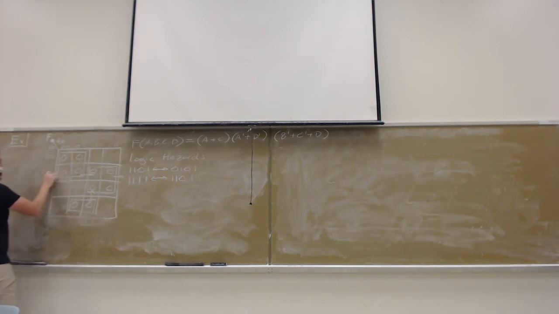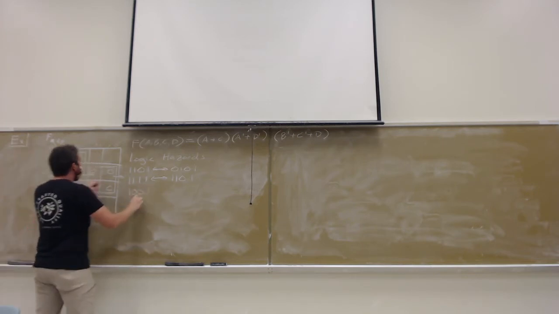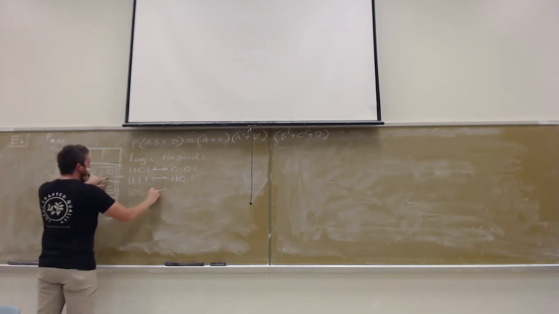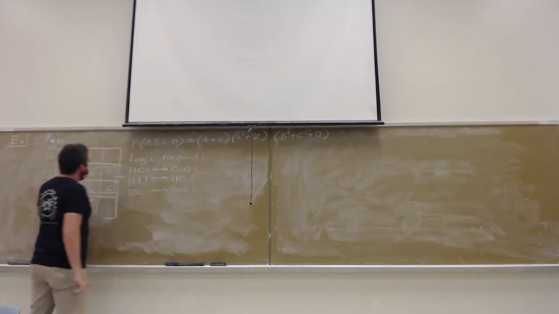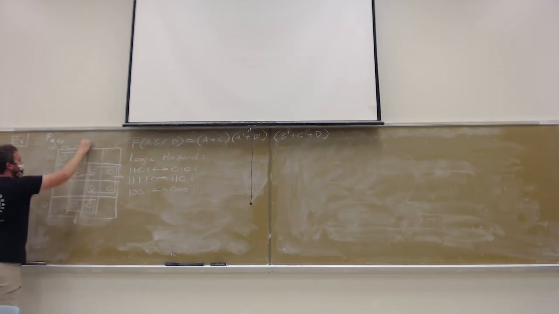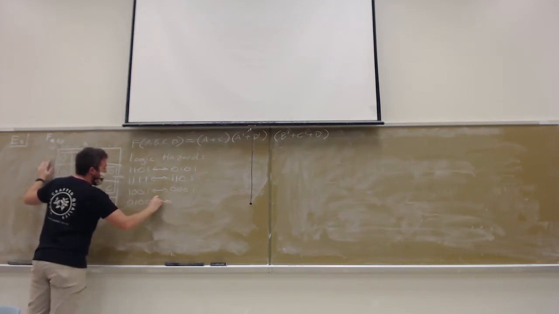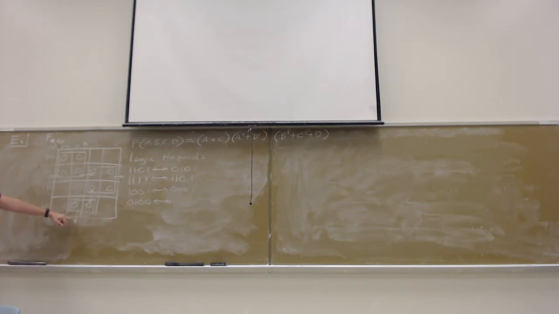So between these, the same terms, but even on a different section: 1 0 0 1 right here, and 0 0 0 1. We'll also have a logic hazard. And then finally, down here, remember, there's adjacency from top to bottom. So from 0 1 0 0 to 0 1 1 0.